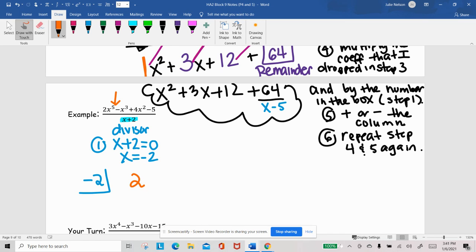Notice there are no x to the 4th. So you have to put 0 to represent x to the 4th. Then -1 to represent x cubed. The 4 would represent x squared. And again, be careful because there are no x's. So you have to put 0. And then you put -5.